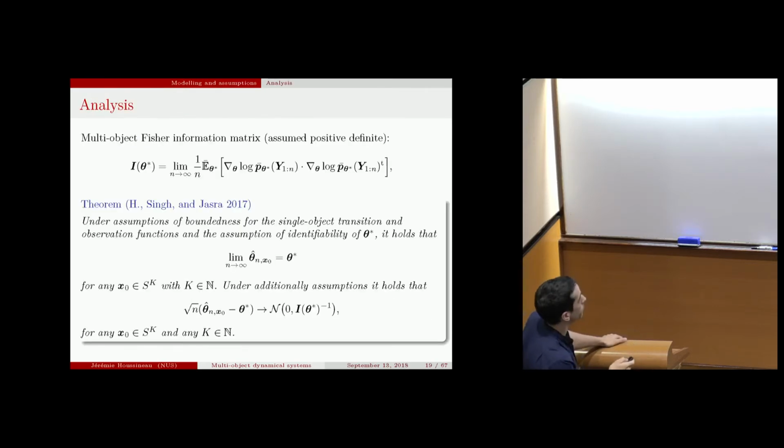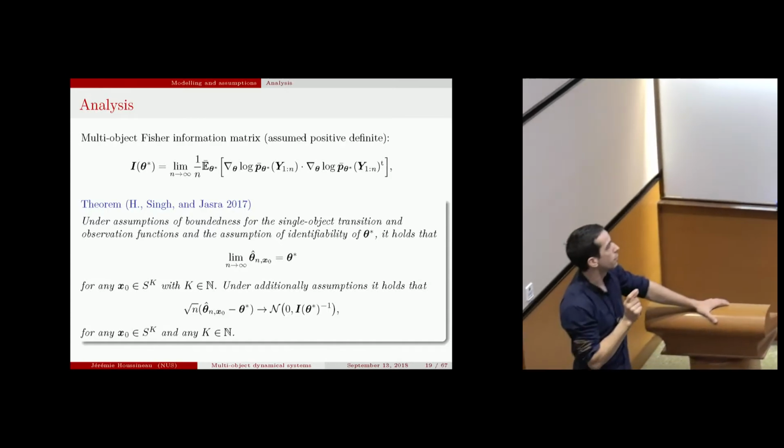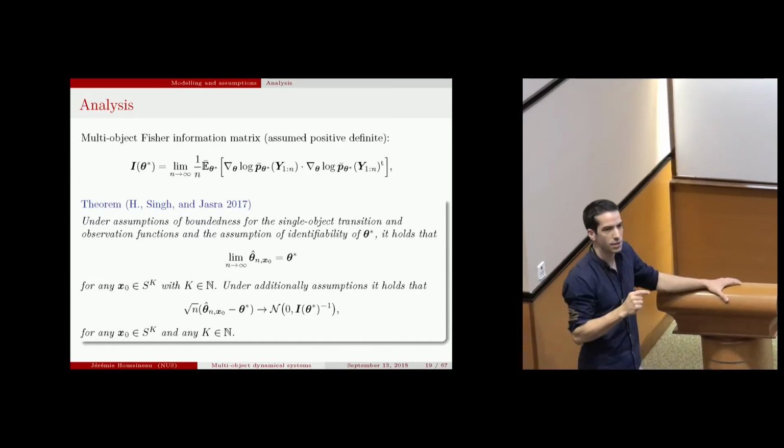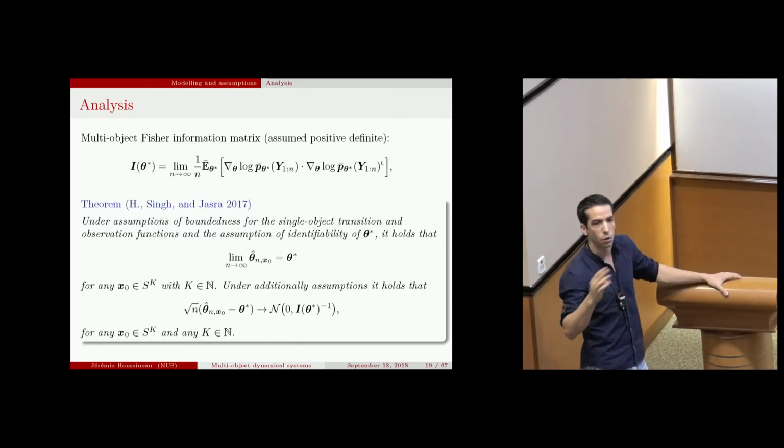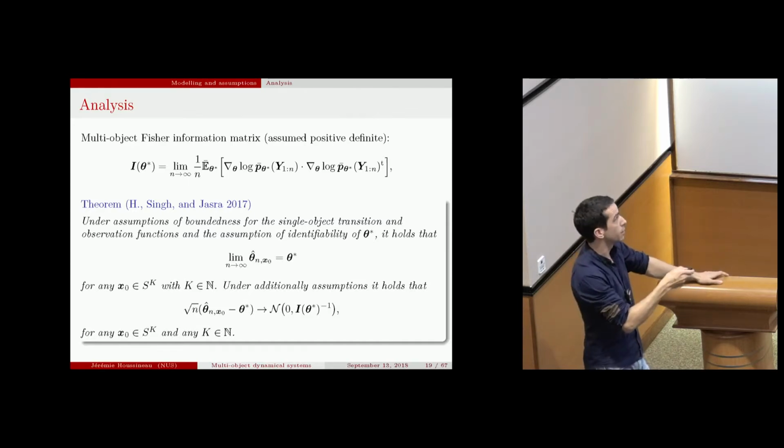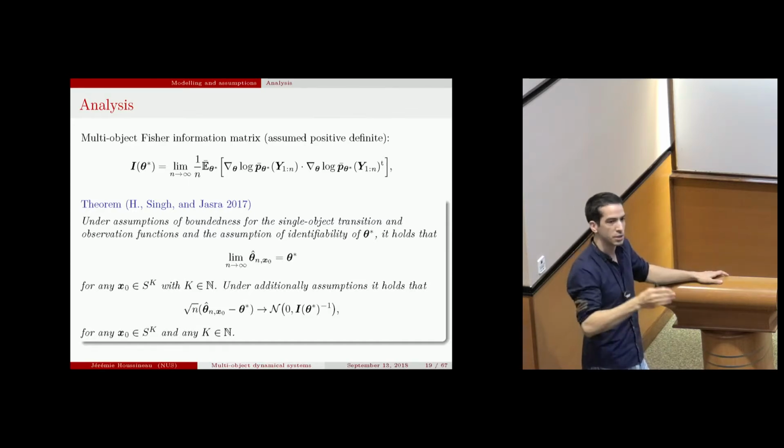Yes. So, for the identifiability, in the end, we had to assume the identifiability of the whole parameter, because we didn't manage, in some special cases, if you have only one target or if you have no false positives or things like this, you can deduce identifiability of the theta bolds from the identifiability of the different component parameters.